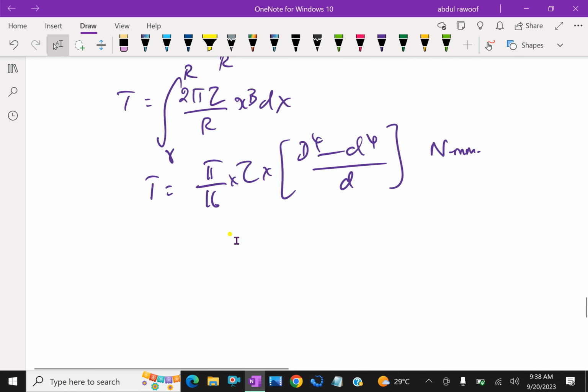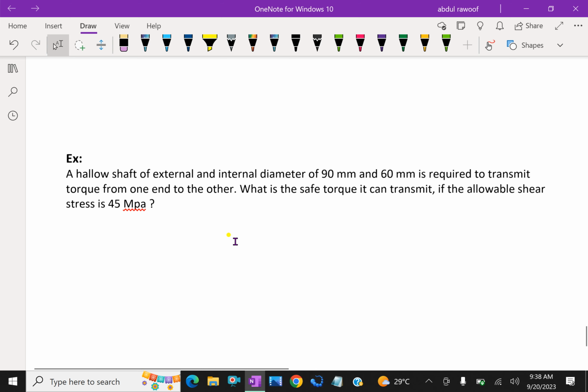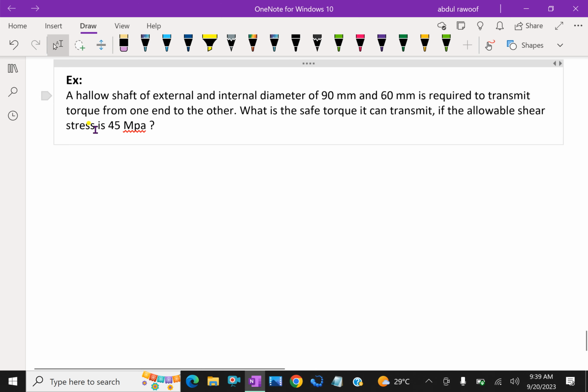Now we'll do an example problem regarding this concept. A hollow shaft of external and internal diameter of 90 mm and 60 mm is required to transmit a torque from one end to the other end. What is the safe torque it can transmit if the allowable shear stress is 45 MPa?